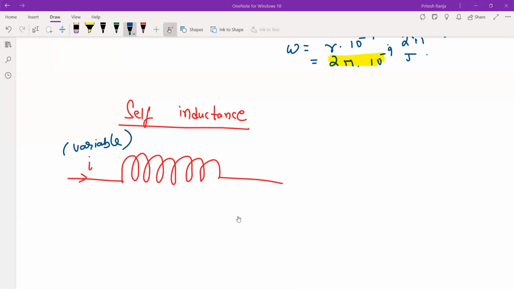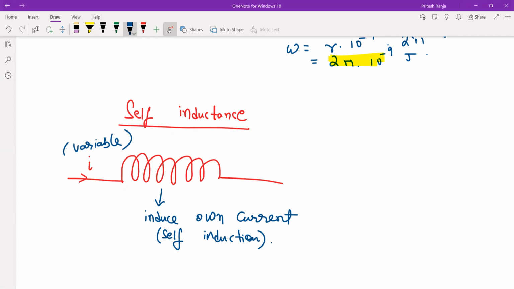So when this current is variable, then this coil will induce its own current. So this is called self induction.